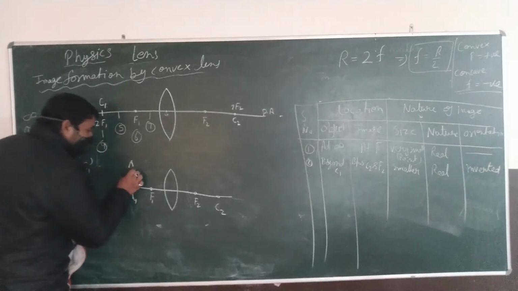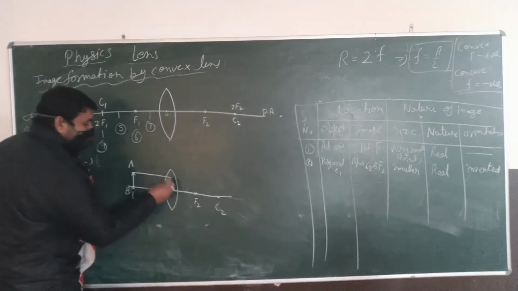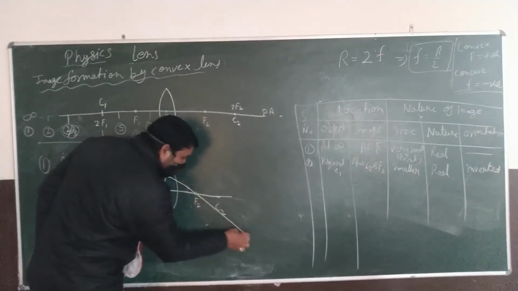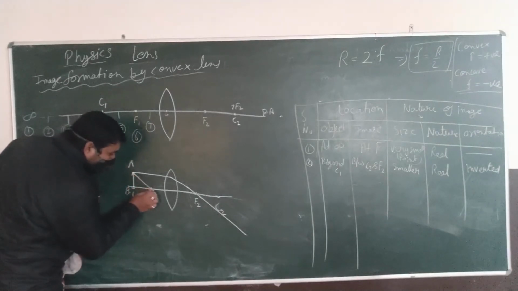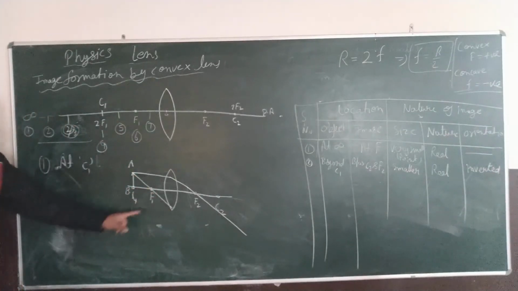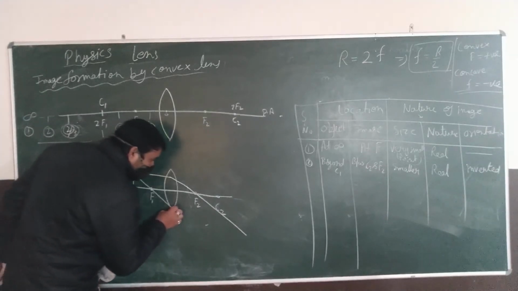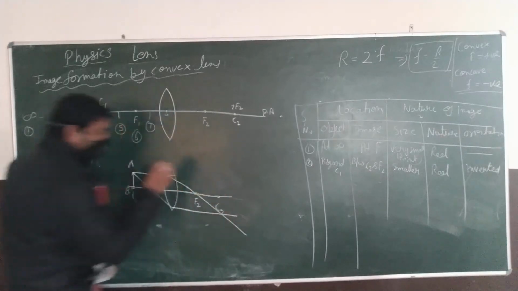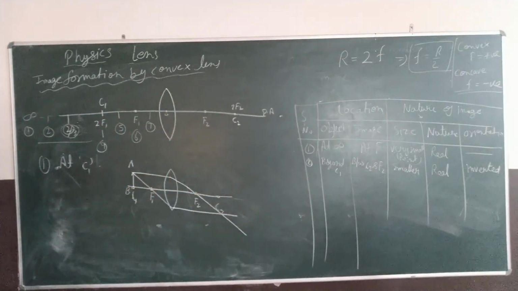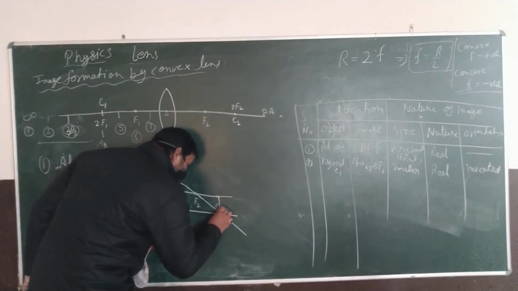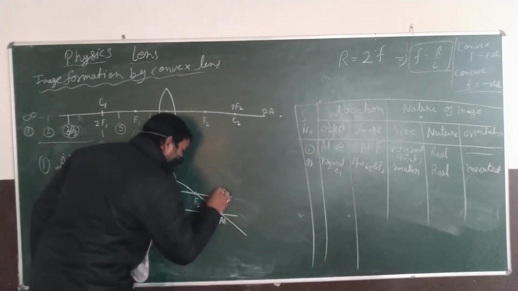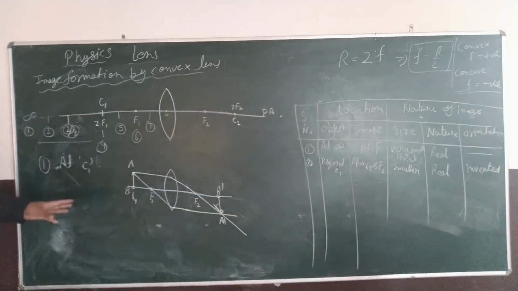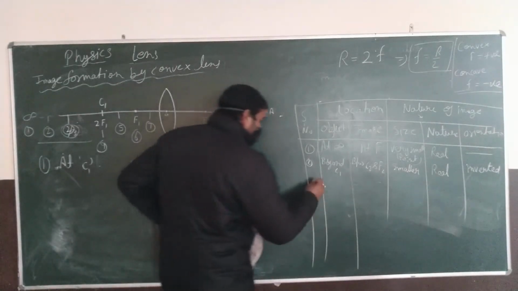Now the light ray traveling parallel to the principal axis passes through the focus, and the other ray which is passing through focus F1 after refraction goes parallel to the principal axis. What do you find from here? This is A dash and this is B dash. So tell me about the nature of the image.